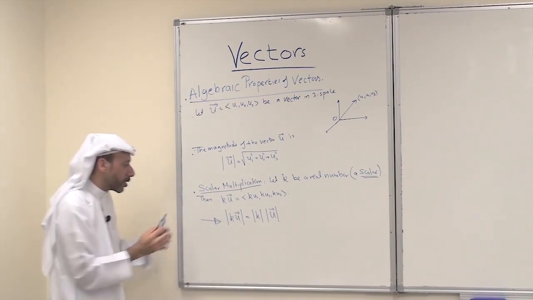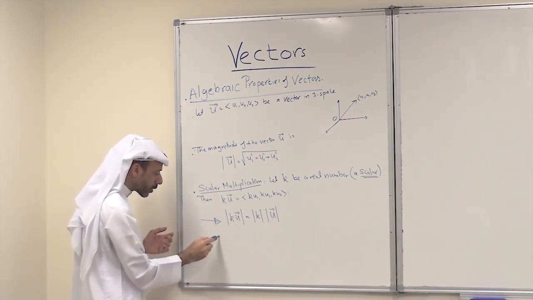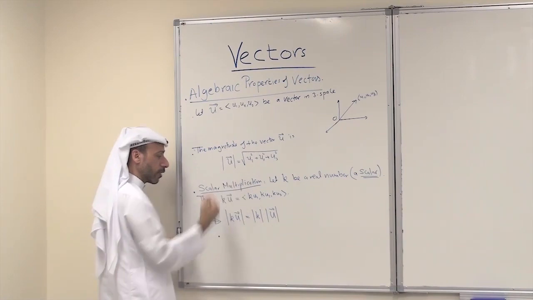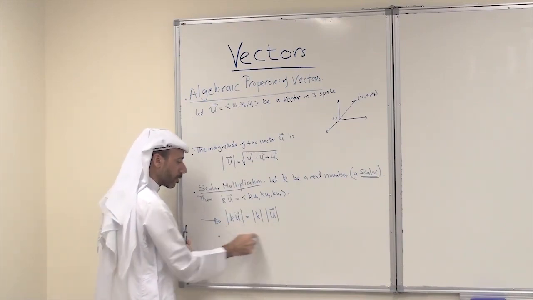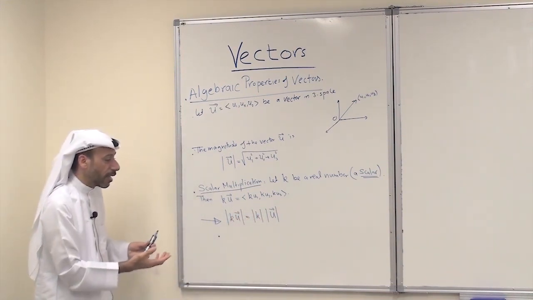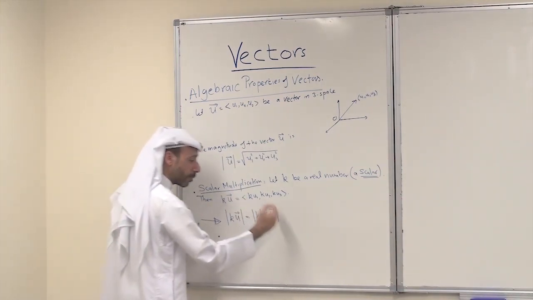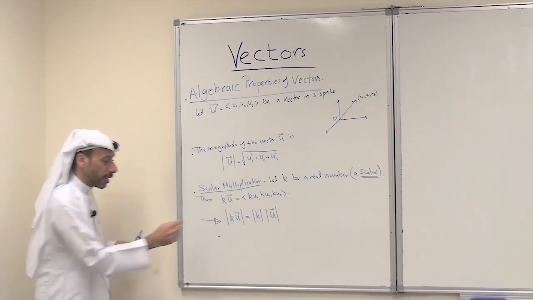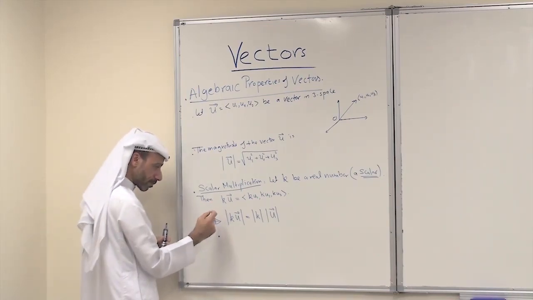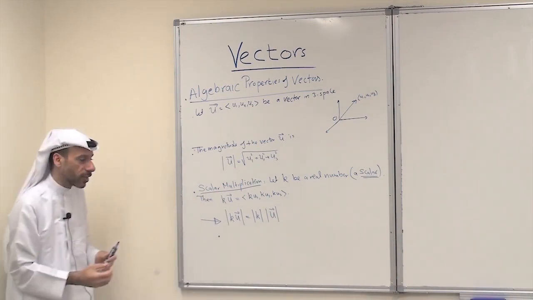So this is the magnitude of the new vector. Now, what is the relation between the magnitude of the new vector and the original vector? In fact, they differ by the absolute value of K. If the absolute value of K is larger than 1, then the magnitude of the new vector is larger than the magnitude of the original vector. If the absolute value of K is less than 1, then the magnitude of the new vector is smaller than the magnitude of the original vector.